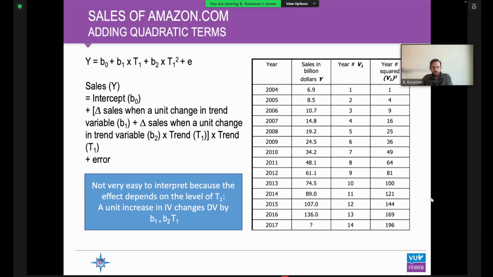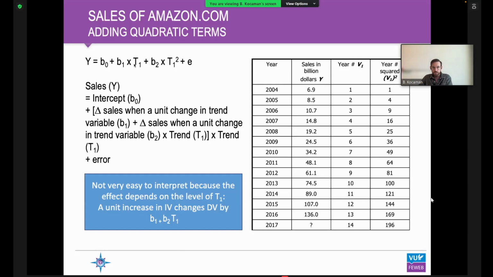Then the meaning of the intercept and of this quadratic term plus the regular term is a bit more complicated, because you cannot change the trend and keep the square term of the trend constant. So this means the change in sales for a unit change in the trend variable, beta 1, plus beta 2 times the trend itself.